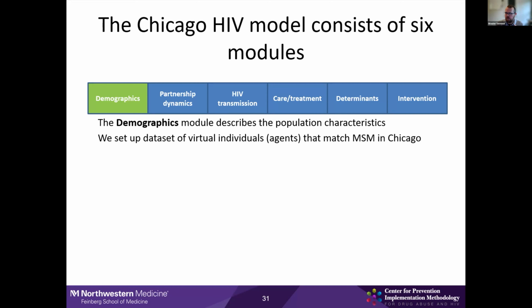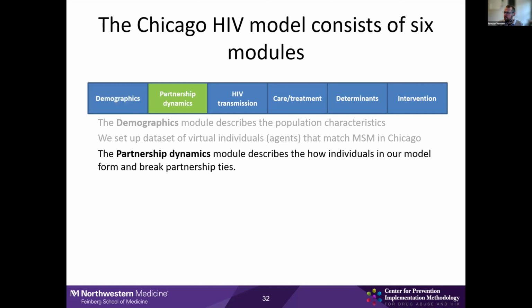So first, we make sure that we're capturing demographics that are representative for Chicago. We want to build a model that really acts and behaves like the Chicago setting. We put in that model different kinds of partnerships because we're talking about HIV transmission. We're really talking about the sexual connections that are occurring within this population.